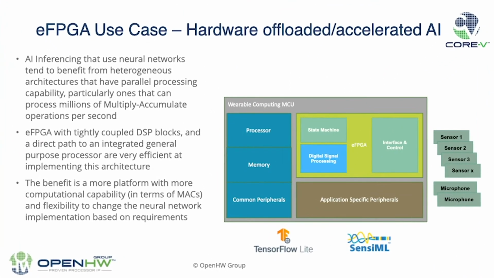The other use case is hardware offload accelerated AI. Here we've been looking at, for instance, AI using TensorFlow. So we took one of their visual wake word applications, which is a visual inferencing application. We've ported part of the process into the eFPGA.